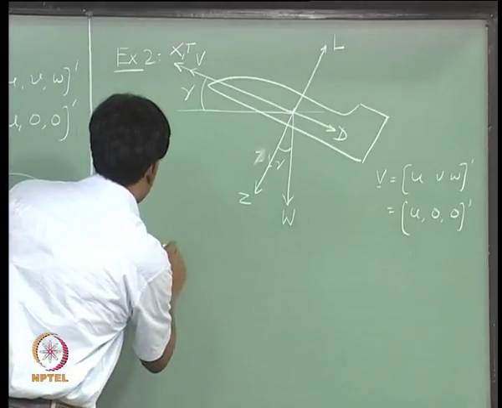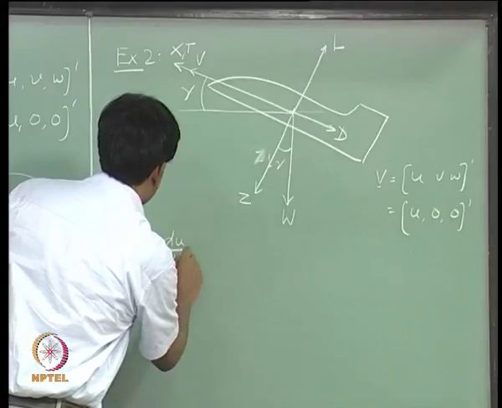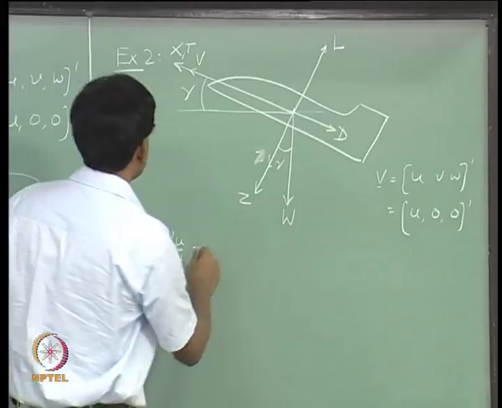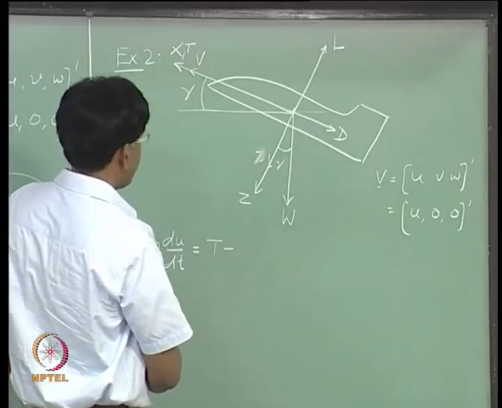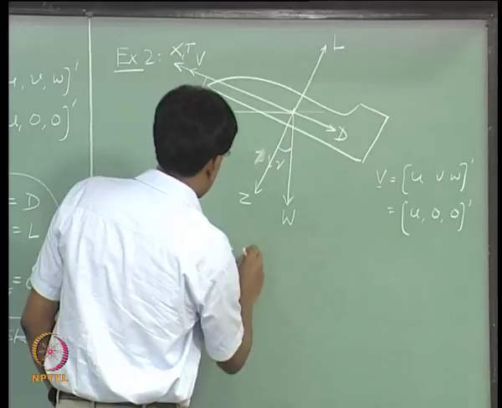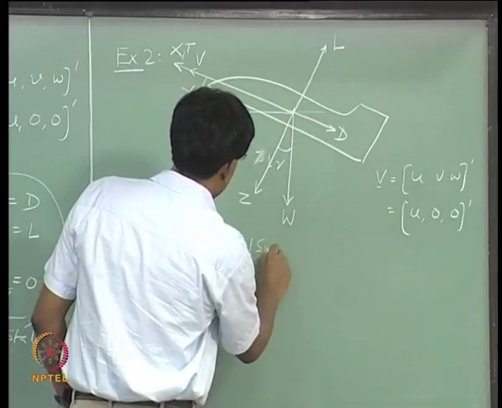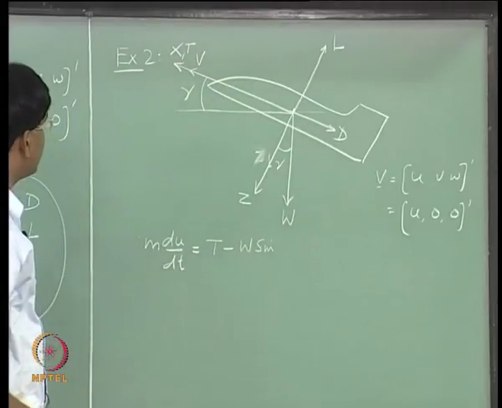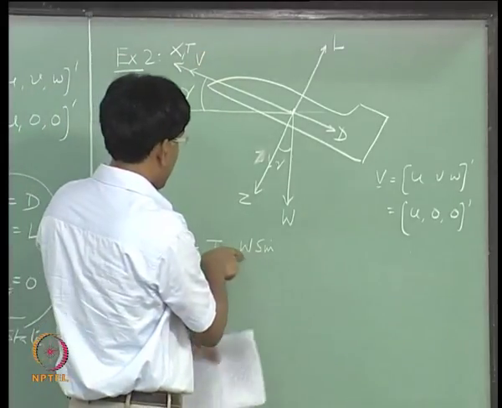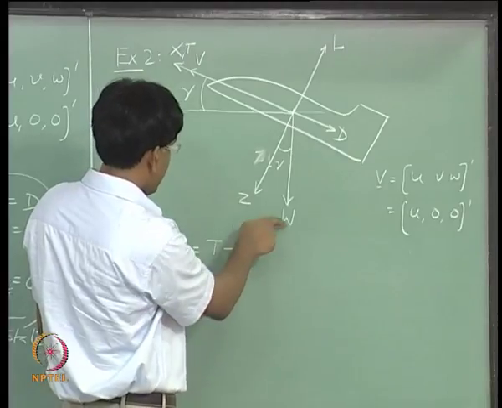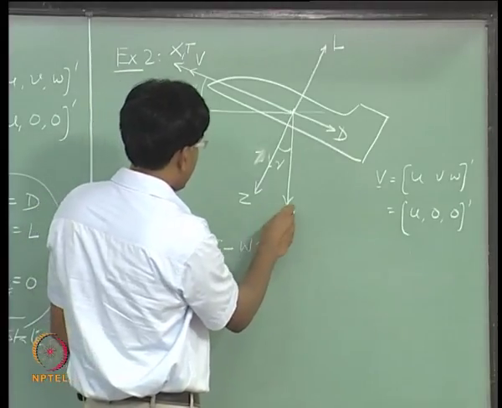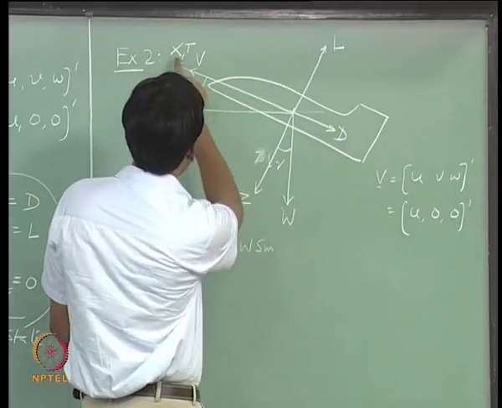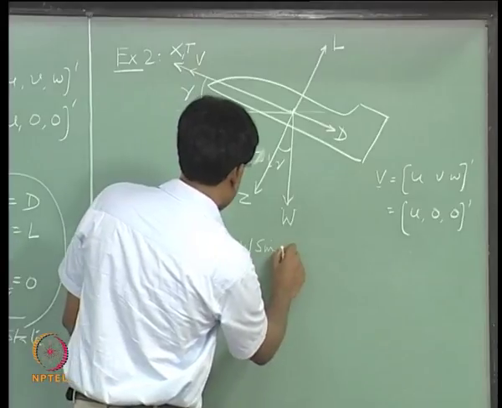So, you can write the equation of motion along the x axis. Thrust is taken in the forward direction, and there are forces opposing this motion: a component of weight along the x axis, and drag, which is opposite to this x axis.